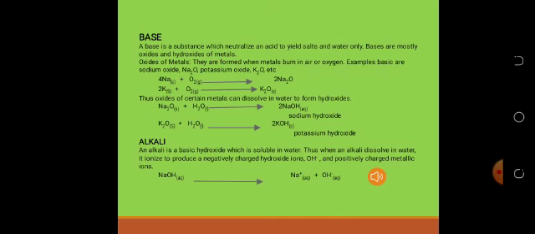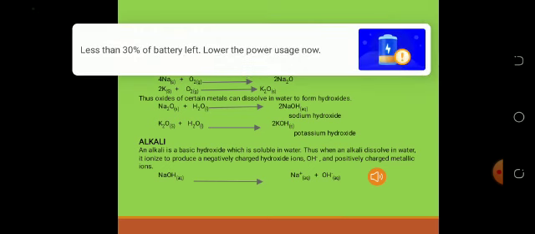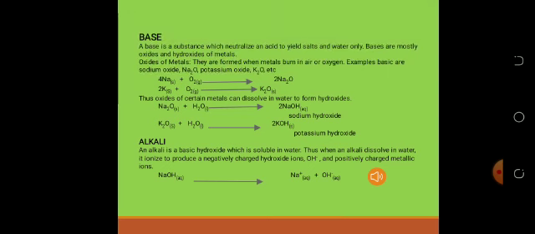What is an alkali? An alkali is a soluble hydroxide of a metal. That is to say, an alkali is a basic hydroxide which is soluble in water. Thus, when hydroxides dissolve in water, they will ionize to give two ions, a positive metallic ion and a negative hydroxide ion.